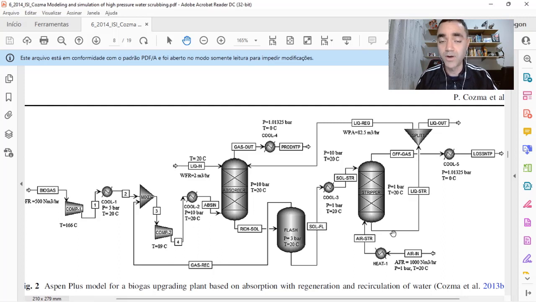Or if for any reason someone during the detailed design, the basic engineering, forgets about adding the pump here, it will not work. So these are at least the main improvements that I identified in this process simulation.